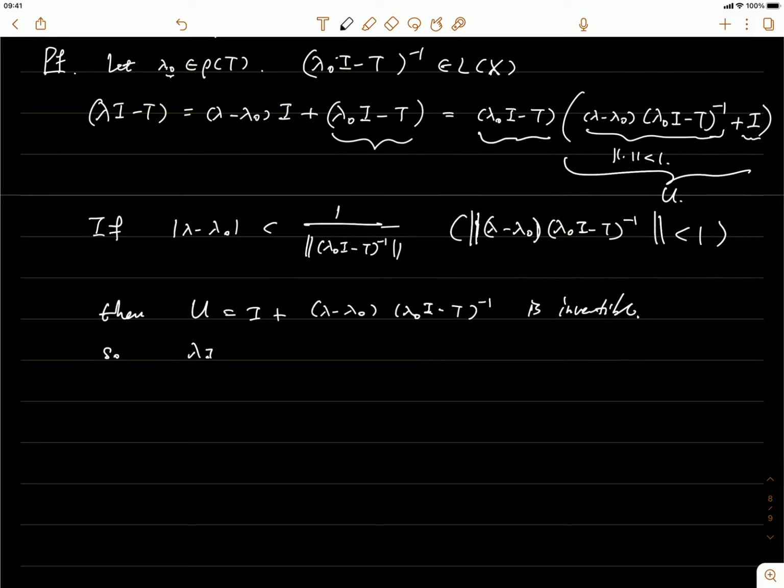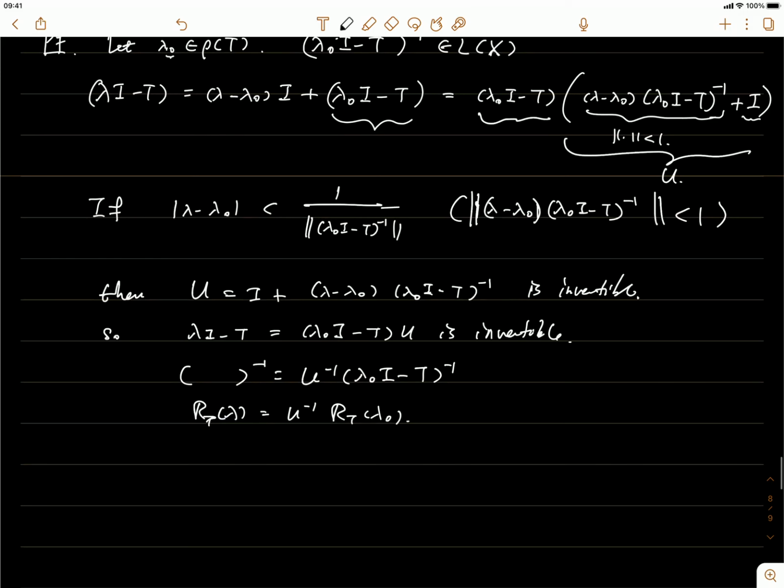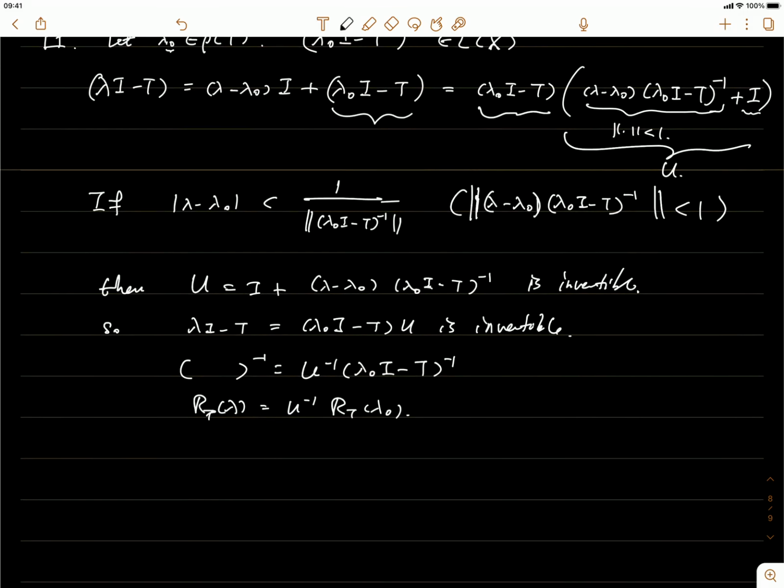So lambda I minus T, which is equal to (lambda naught I minus T) times U, is invertible. And the inverse is just U inverse times (lambda naught I minus T) inverse. So that means the resolvent at lambda is just equal to U inverse times the resolvent at lambda naught.